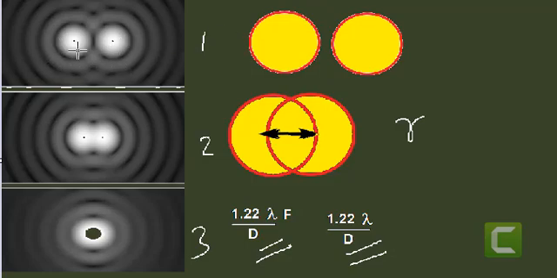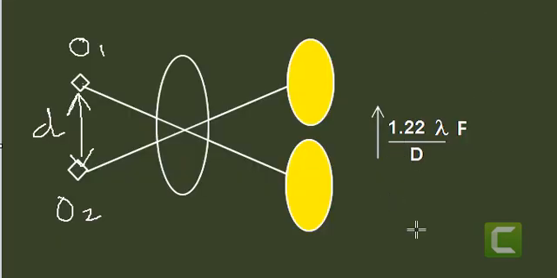If they get separated, you can see them separately. If it is this case, this is just resolution. If they overlap, then you will not see them separately. So what is the condition? That they are just resolved. For just resolving, the center to center distance should be equal to the radius, 1.22 lambda into f by d.